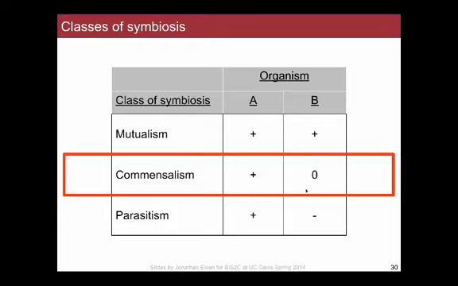For the human microbiome example, we don't actually know whether either of the partners benefits in some of the cases, and we certainly don't know a lot about the exact type of interaction, and we generally use the term commensalism, although that might not be quite accurate.